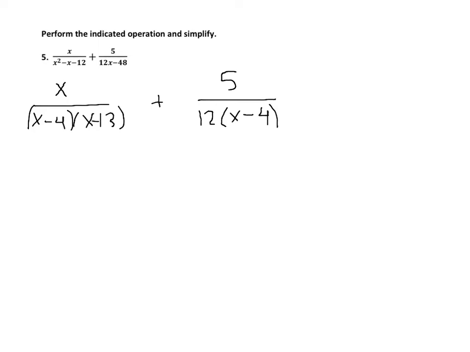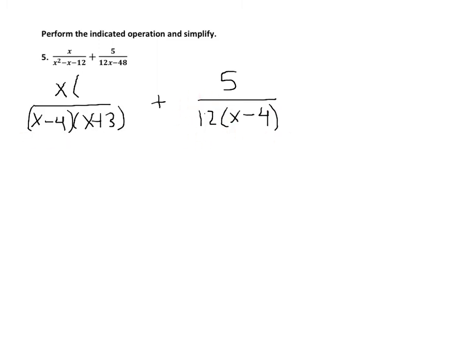Okay, so this is what you do. Is this missing anything from this denominator? Is the first denominator missing anything from the second? Yes, it's missing the 12. They have the x minus 4, but it doesn't have the 12.